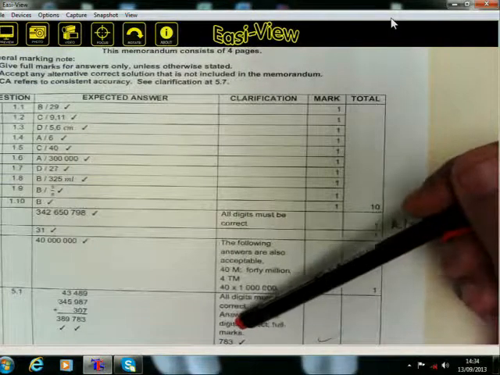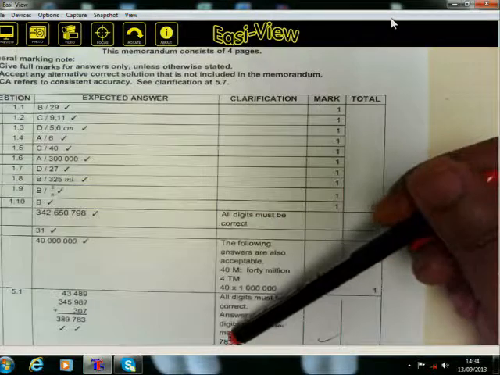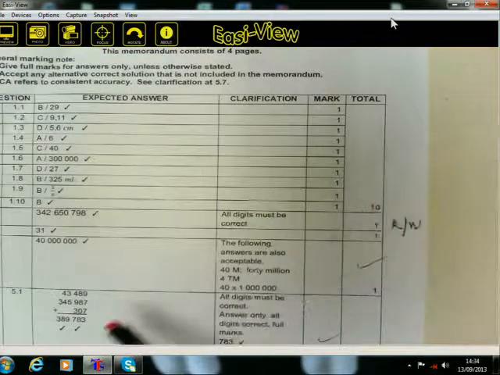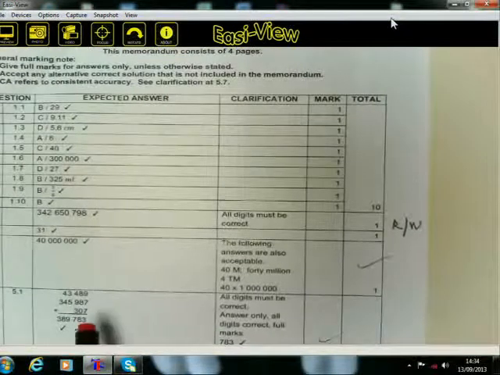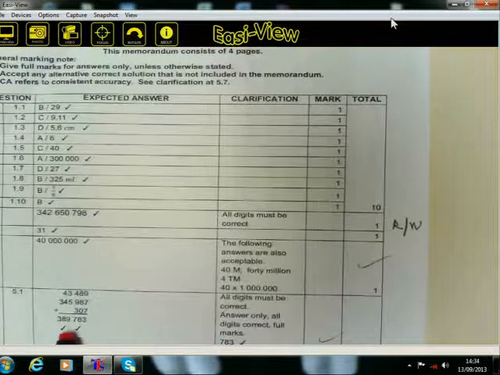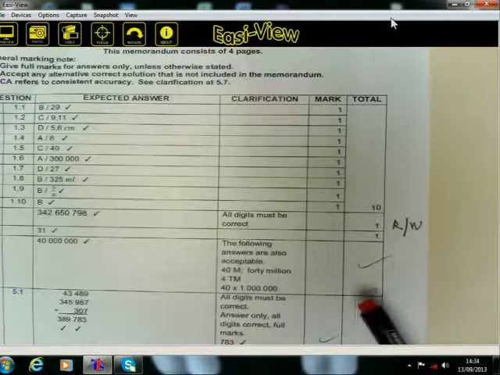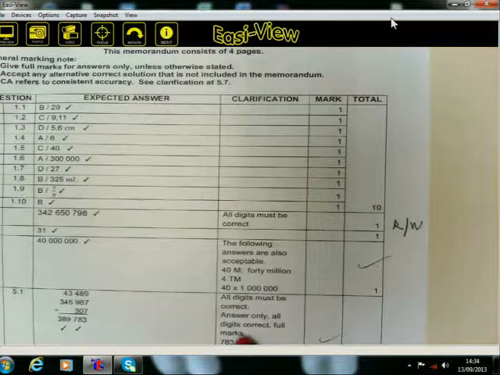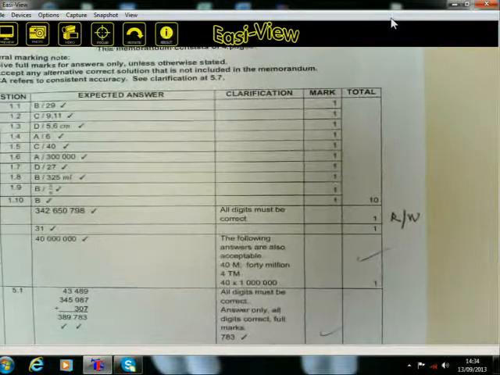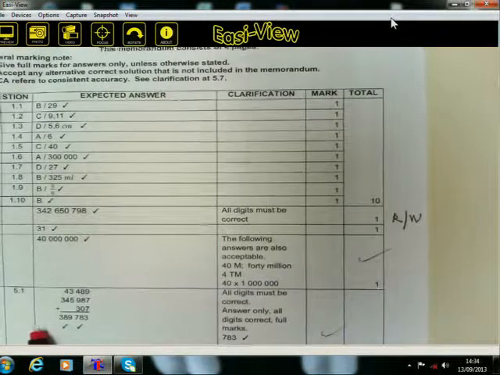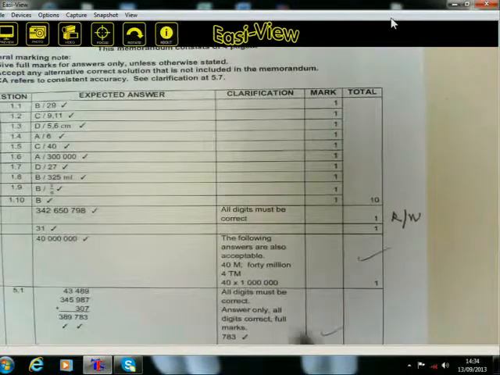And then again they say all digits correct, full marks if the digits are correct and he gave only the answer. He went straight to the answer. Or he writes 389,783 only. That's the answer. Now that I explained that, if this one is correct, it's 1 mark. If the second one is correct, you see, it's 1 mark. It might happen that this one is correct and this one is wrong.